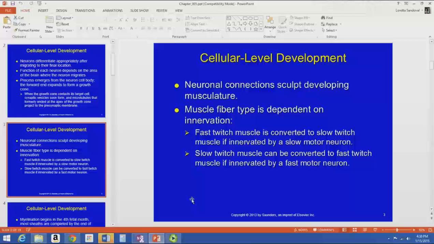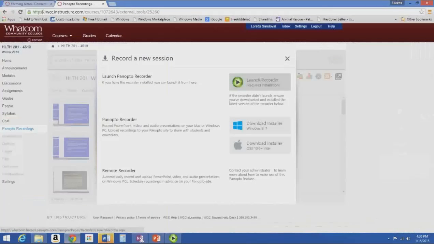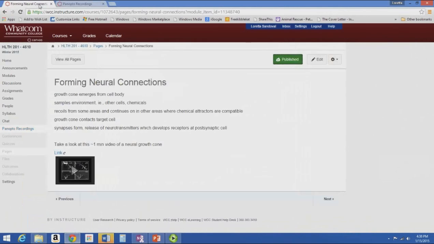And slow twitch muscle can be converted to a fast twitch muscle if it's innervated by a fast motor neuron. So the muscles develop dependent on their innervation, which is pretty interesting. So the nervous system actually influences a lot of how the other structures in the body develop.